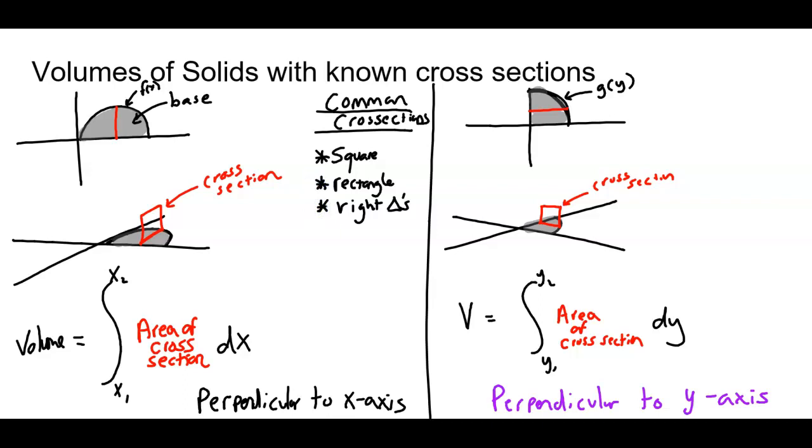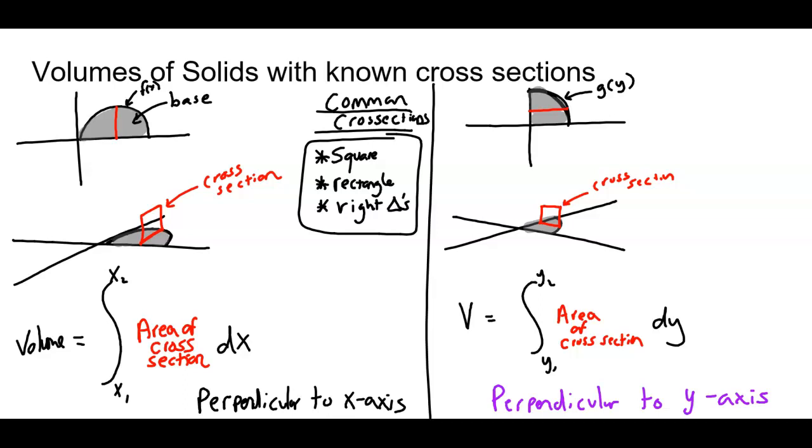You know how to find the area of a square, you know how to find the area of a rectangle, and a right triangle is just base times height cut in half. So they'll give you these types of problems most likely. In class, we talked about semicircles and equilateral triangles as well, but those are a little bit less common just because the formulas for the area are not as common. People don't just know them off the top of their head. And so these are the ones you can expect to see for the areas of your cross sections.